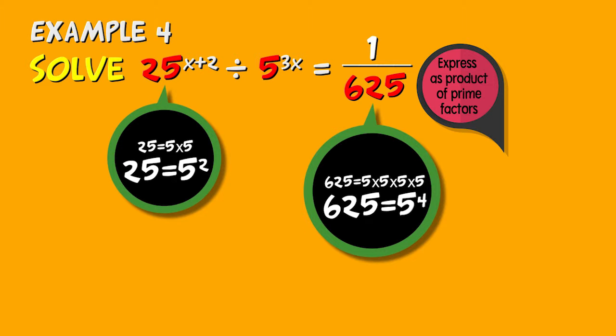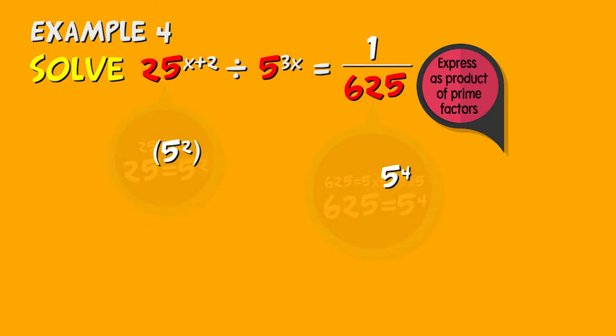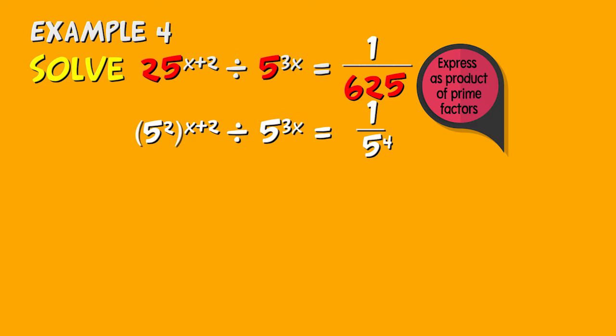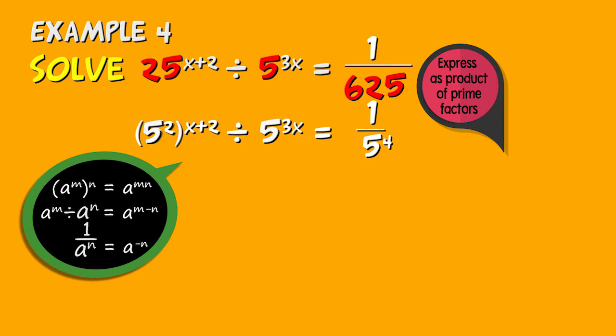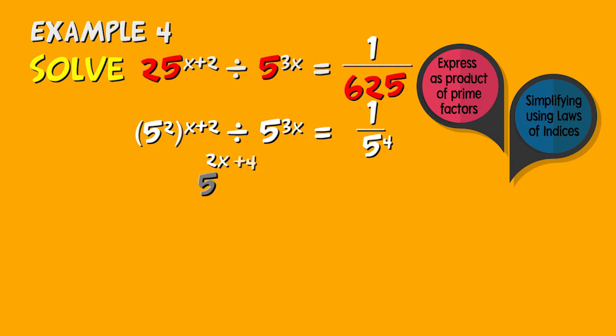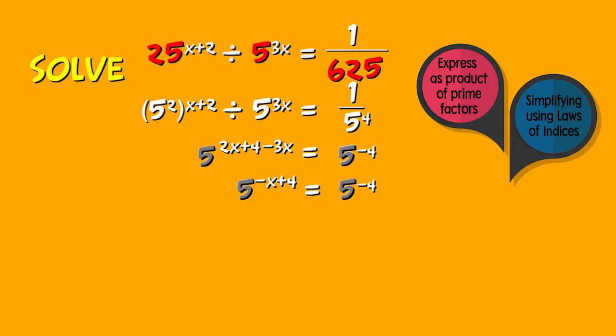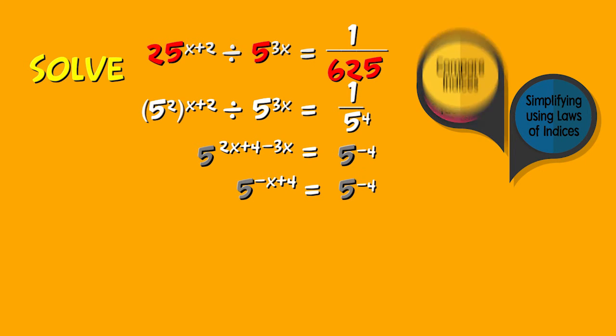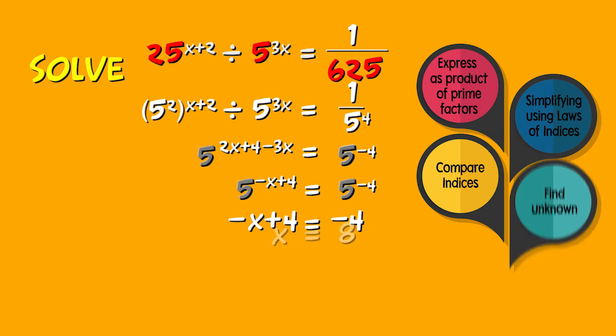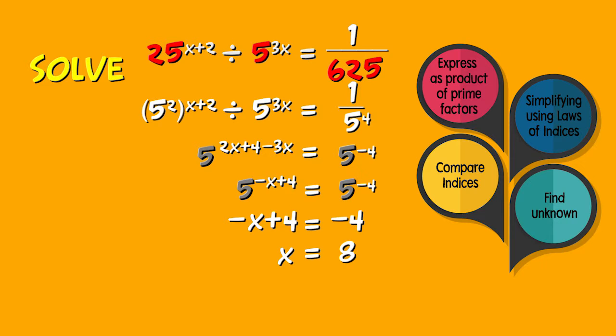Replacing 25 with 5 squared and 625 with 5 to the power of 4, we will have this. Applying these laws of indices and simplifying will give us this. Can you see that the bases are the same now? In this case, 5. Thus, we can compare their indices to get x equals 8.